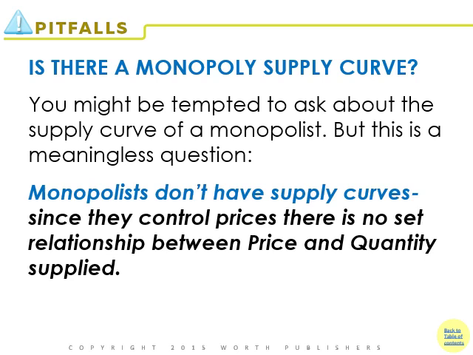From a theoretical perspective, it's interesting to note that a monopolist does not have a supply curve. A supply curve is the unique relationship between price and the quantity supplied. So it means, well, you tell me what the price is, say $600 per carat, and you have a unique quantity supplied.